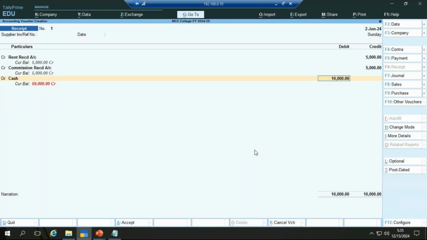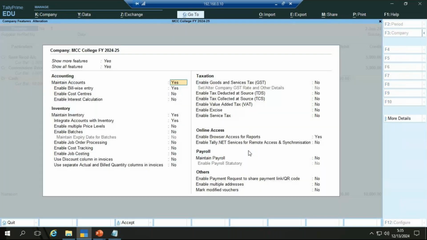Cash account. Ma'am, when I typed the rent received, after clicking on the enter button, I received the cost allocations for the rent received account up to 5,000. It is asking for the name of the cost center, ma'am. So press F11. Can you see, enable the cost center?